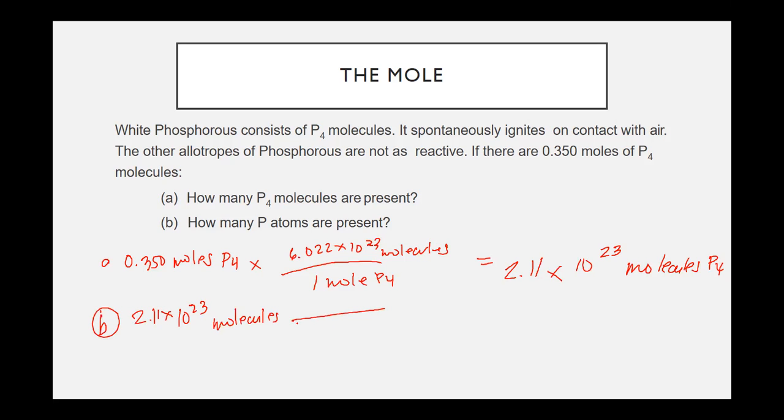And sa 1 molecule ng P4, meron tayong 4 na atoms ng phosphorus. So, multiplying it by 4, you get 8.43 times 10 raised to 23 atoms.